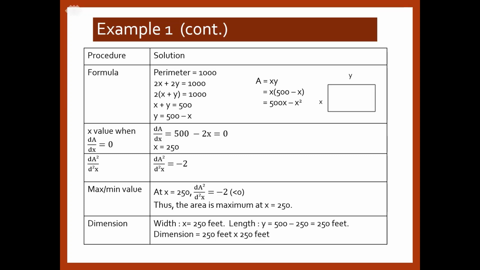Therefore, the area is maximum at x equal to 250. When x is 250 feet, y is also 250 feet. Therefore, the dimension is equal to 250 feet by 250 feet.